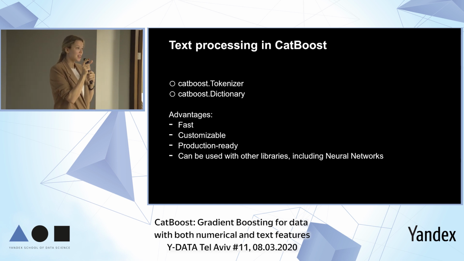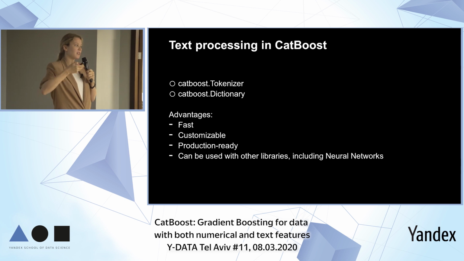Actually, all the preprocessing that includes tokenization, creating the dictionaries, like the dictionary of unigrams, of bigrams, of character n-grams. Also, we have BPE, that is the algorithm that selects the most frequent character sequences of different lengths.